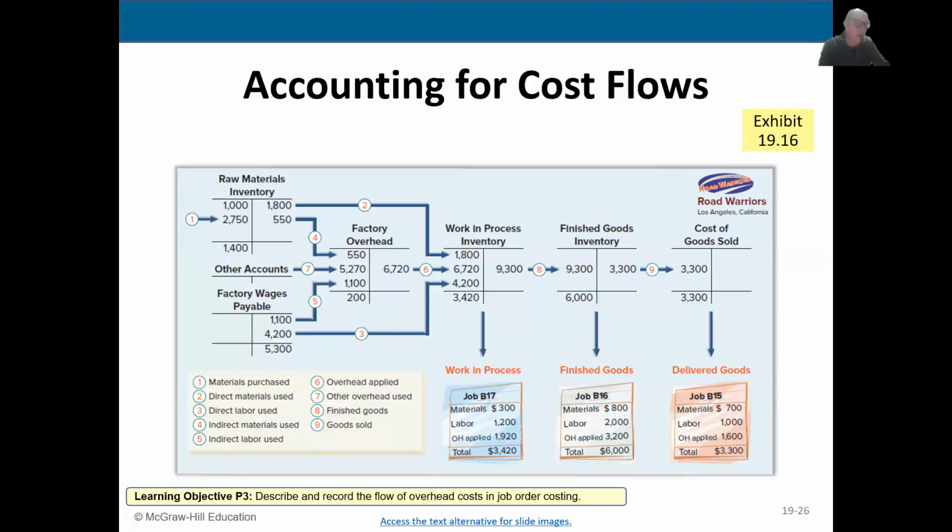But you see, it's the physical flow of the costs. Once you understand the physical flow, costs become relatively easy to understand and easy to manage.